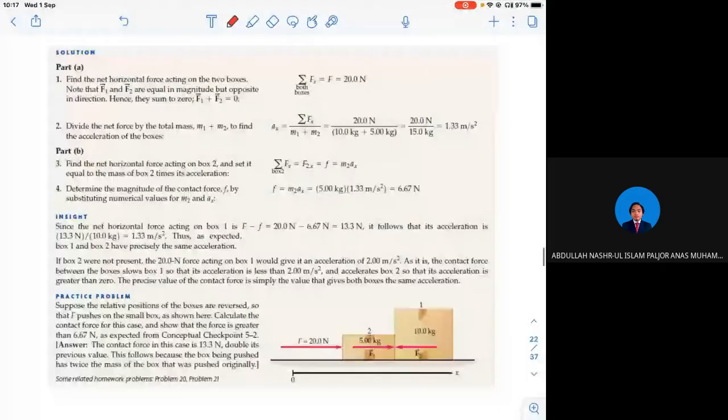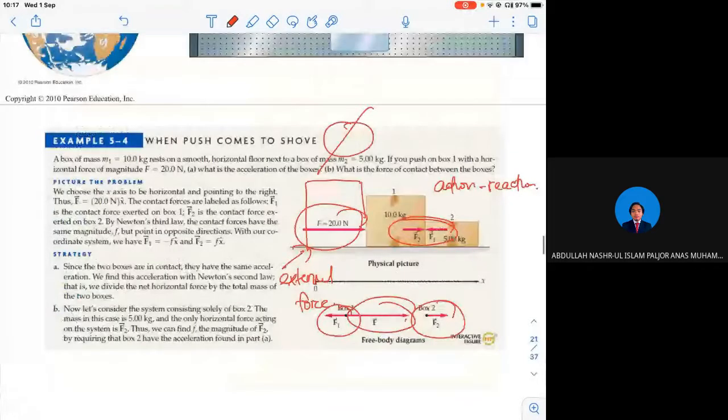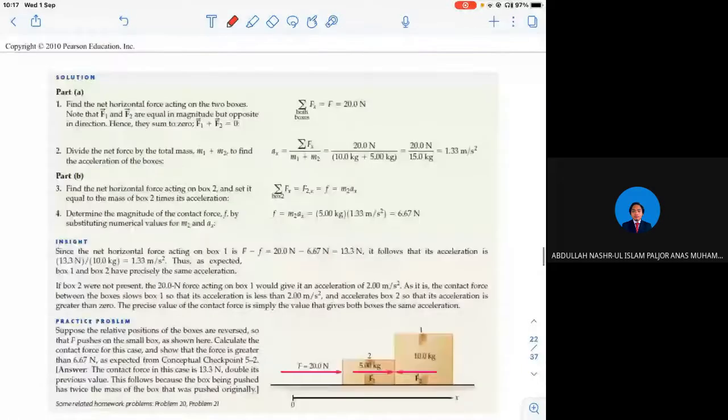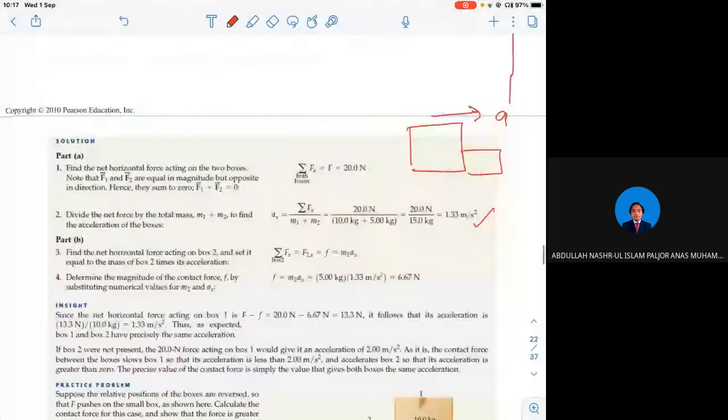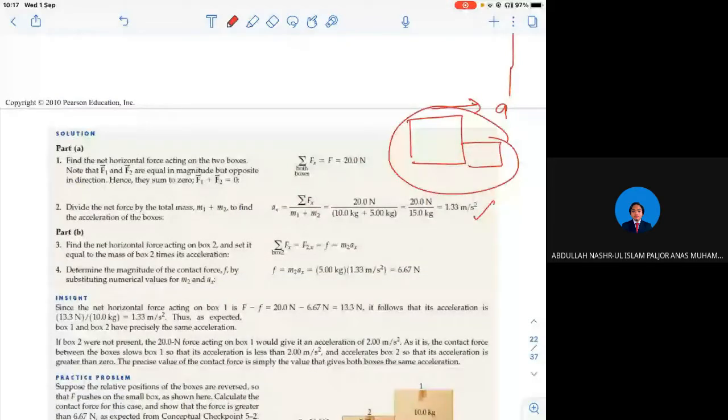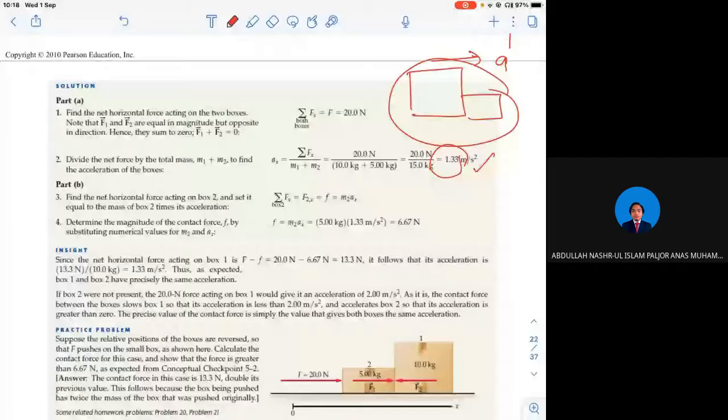For example, if the question wants to ask what is the force of contact between the boxes, we already have an acceleration in part A. Remember, when box number 1 and box number 2 move together to the right, we can consider this as one acceleration, the same acceleration for this part.